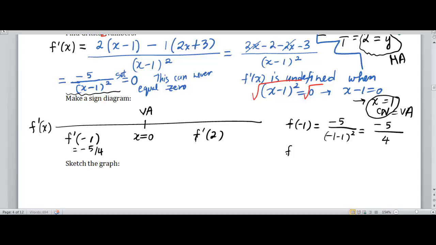When you plug 2 into the function, -5 over (2 minus 1) squared, you get -5 over 1 squared, which is -5. Both of these are negative, so that means this function is always decreasing.